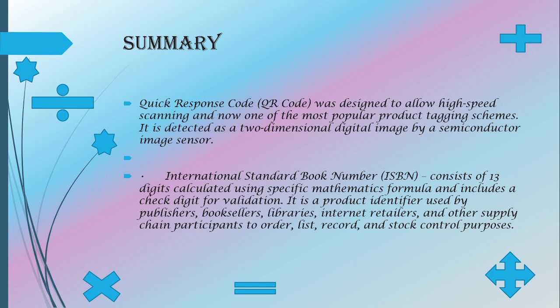It consists of 13 digits calculated using a specific mathematical formula and includes a check digit for validation. It is a product identifier used by publishers, booksellers, libraries, internet retailers, and other supply chain participants for order, list, record, and stock control purposes.